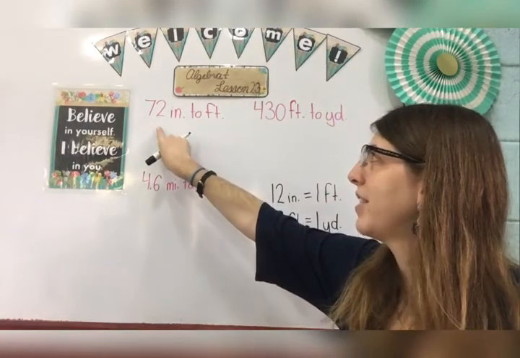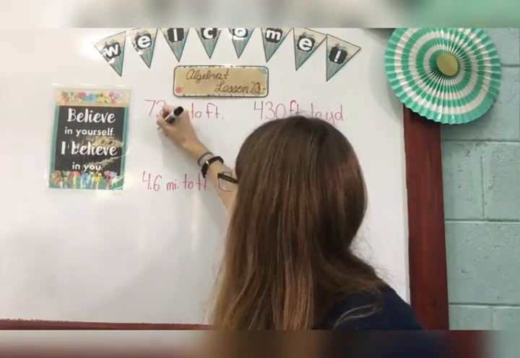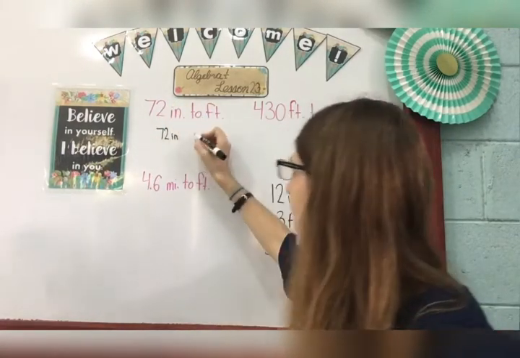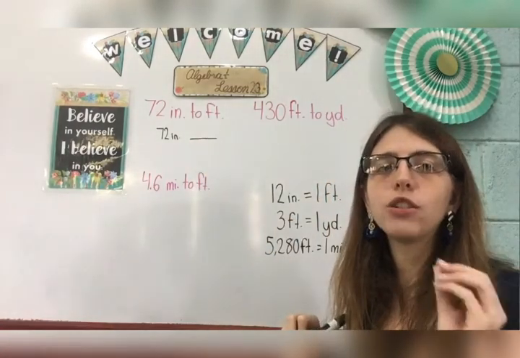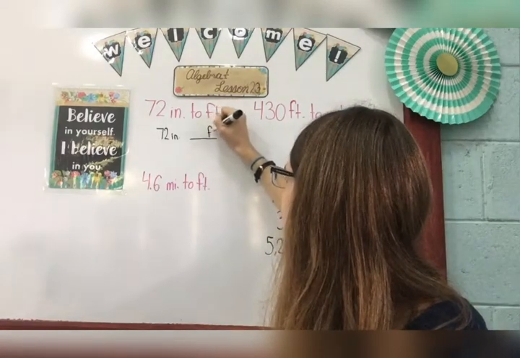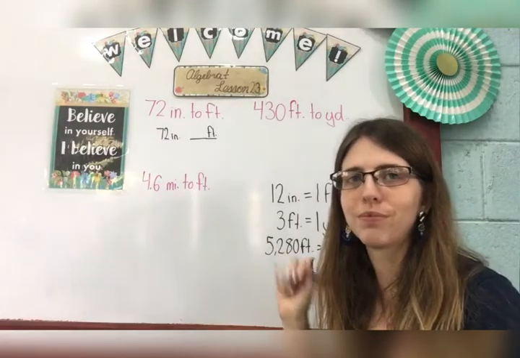So I have 72 inches that I want to convert to feet. So I'm going to write out what I start with, which is 72 inches. Then I'm going to draw my fraction bar. I'm going to feet. I'm converting to feet. So I put my unit for feet on top of the fraction bar because that's what I'm going to.